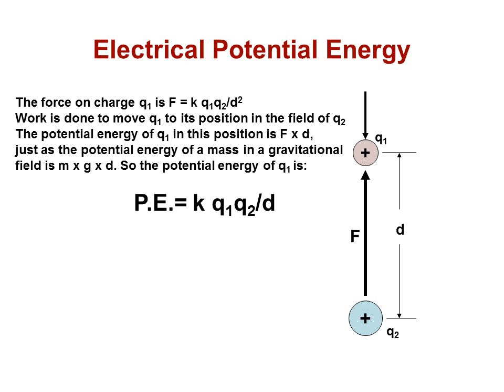Electrical potential energy is the energy stored when I bring two charges together. It's like pulling back on a slingshot or cocking a plunger gun. The force on charge Q is k Q1 Q2 over d squared.